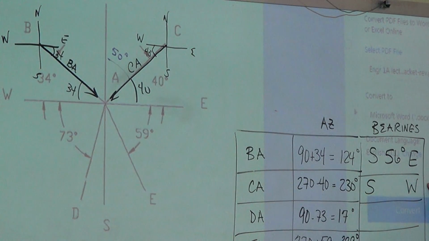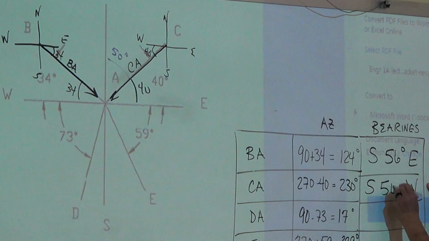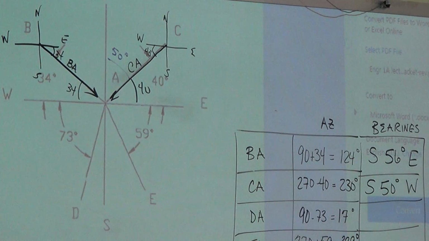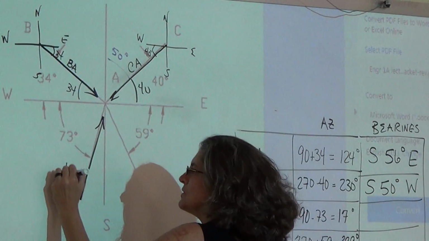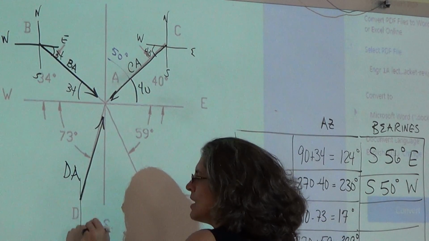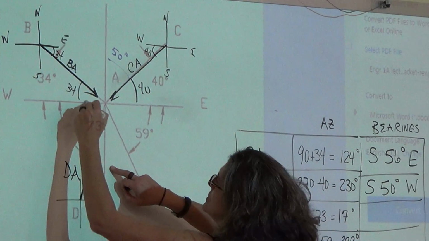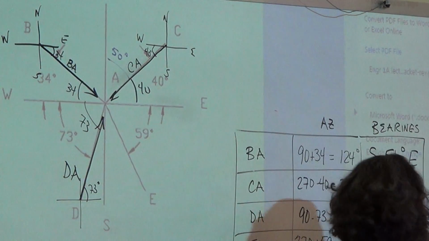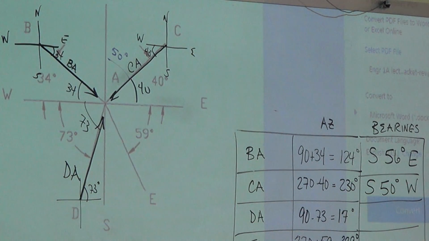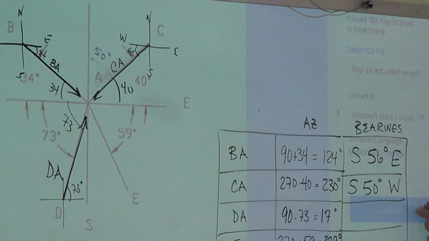How many degrees? 50 degrees. Okay, DA. Here's DA. I draw my coordinate system. This is 73. Rylan, north or south? North. East or west? East. How many degrees? 17.